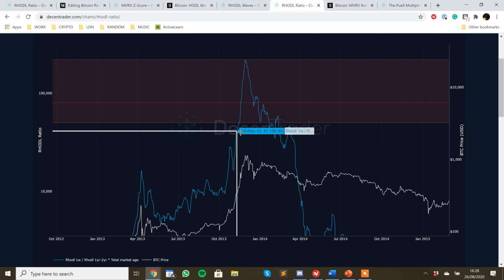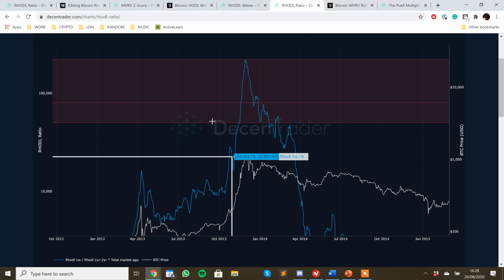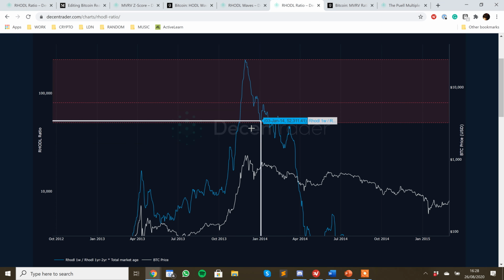But again, I'm not saying it's going to pick the exact day this coming cycle, but it's the broad principle that it's showing you an area when the market is getting very overheated, very overbought, and so that would be a sensible time to consider taking some profit if you're a strategic investor.